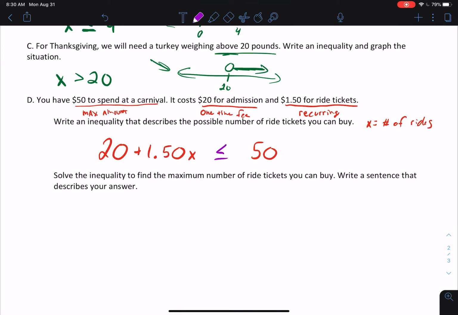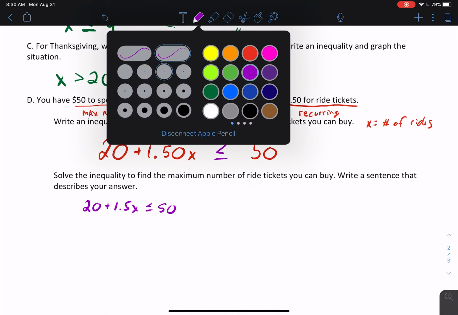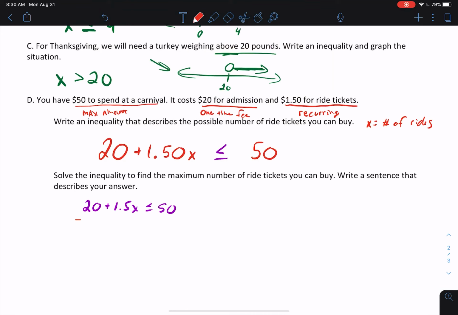All right, so that's how I translate those words into an inequality. So now I want to solve this for x. We're going to solve this just like we normally would. Subtract 20 from both sides. We got 1.5x is less than or equal to 30.